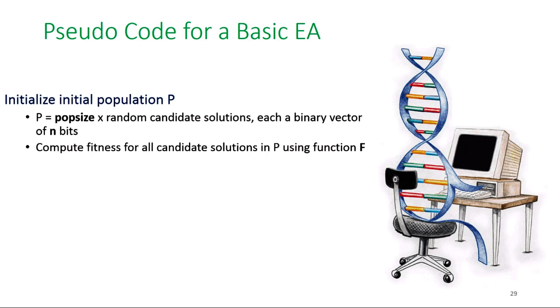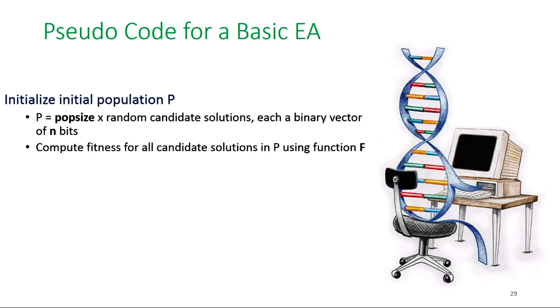Let's say that the population size is 50, and I'm going to have 50, 10-bit long maybe. All of those numbers are going to be given to you, okay? 50 is the population size, 10 is the length of the binary vector for the one max problem. So I have 50, 10-bit long random Boolean vectors.